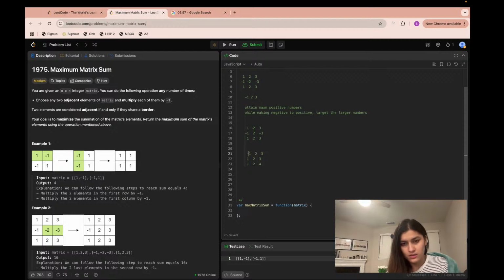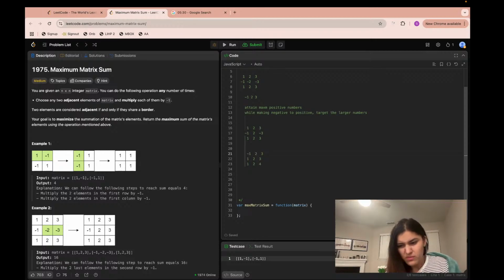Now I thought about that, but still I should have thought about that in the beginning. This is the biggest thing. So this negative value can just transfer anywhere. Okay, and since it can transfer anywhere, this -4 can transfer anywhere.